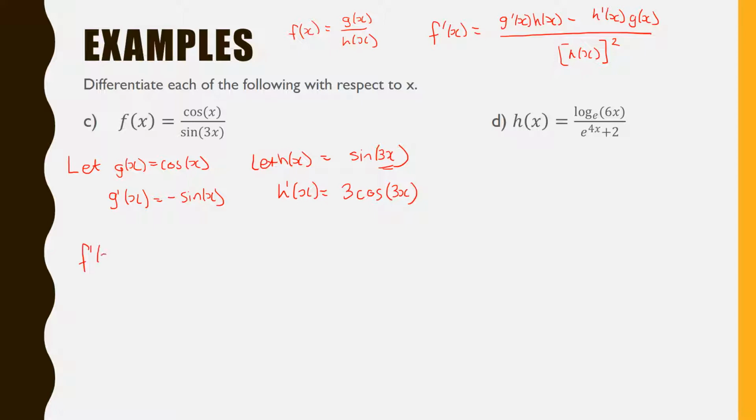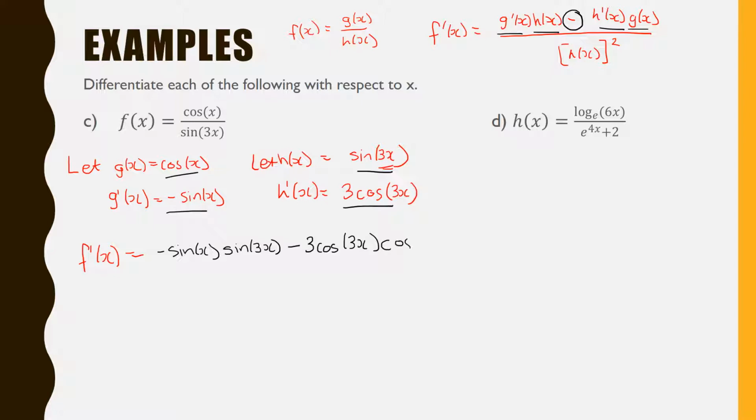So to find f dash x using our formula that was given, we take g dash x, which is negative sine x, and we multiply by h of x, which is sine of 3x, minus, from the formula given, h dash x here, 3 cos of 3x, multiplied by g of x here, which is our function cos of x.